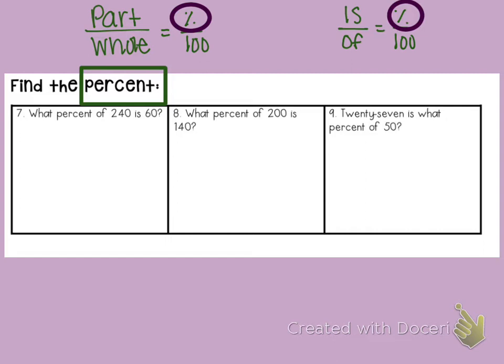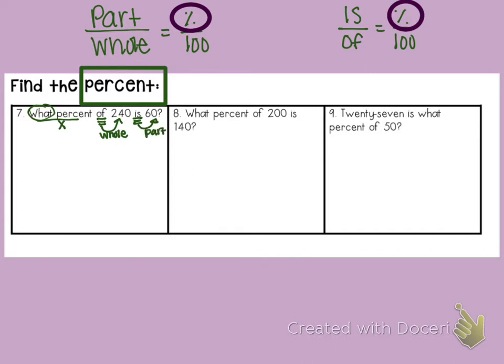So on number 7, it says what percent? Here is the question, what? That means that's your x. This says of, that means this is your of, which is your whole. Is, which means this is your is, which is your part.